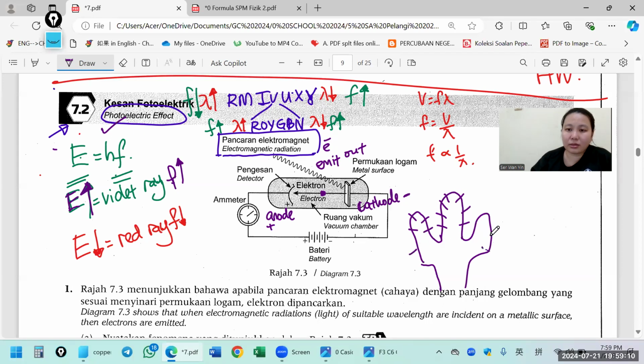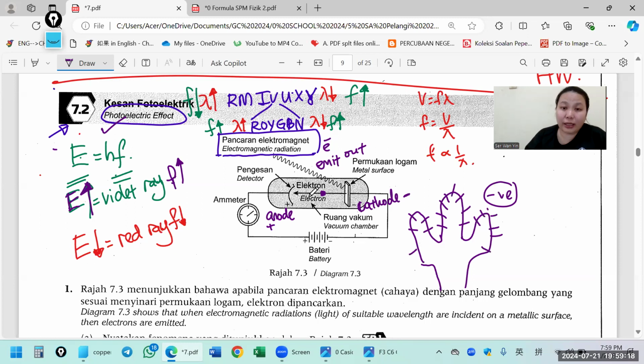The cactus has so many needles, and the needle is negative. I remember it that way. You can have your own way. But for physics, there is only one. Forget about chemistry. In chemistry you have voltaic cells and electrolysis, but physics only has one.